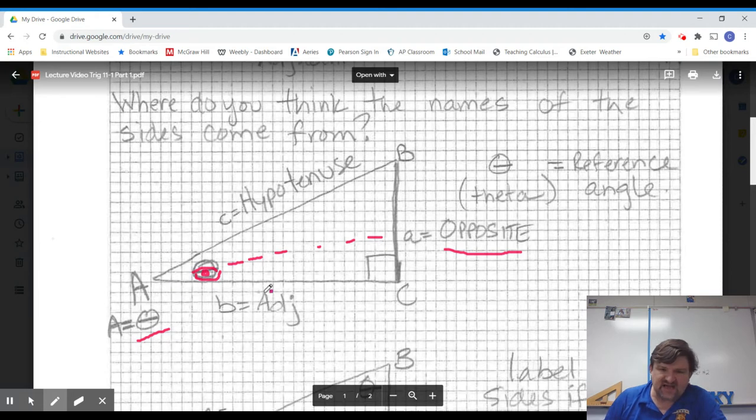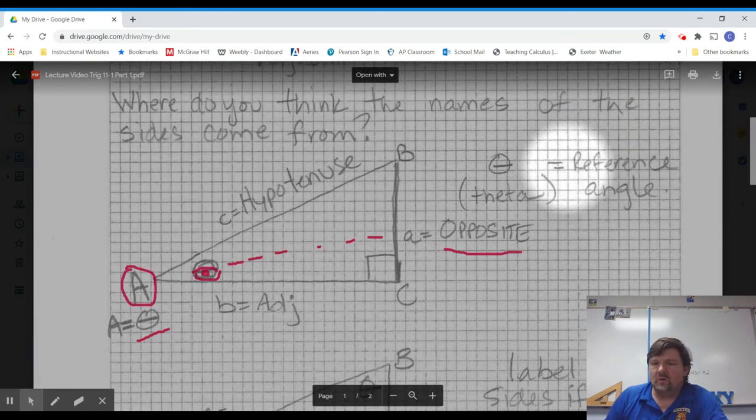The side right next to, or adjacent to, angle A is the adjacent side, and always across from the hypotenuse is the right angle. So we have them here. Remember, our uppercase angle is always across from our lowercase side.